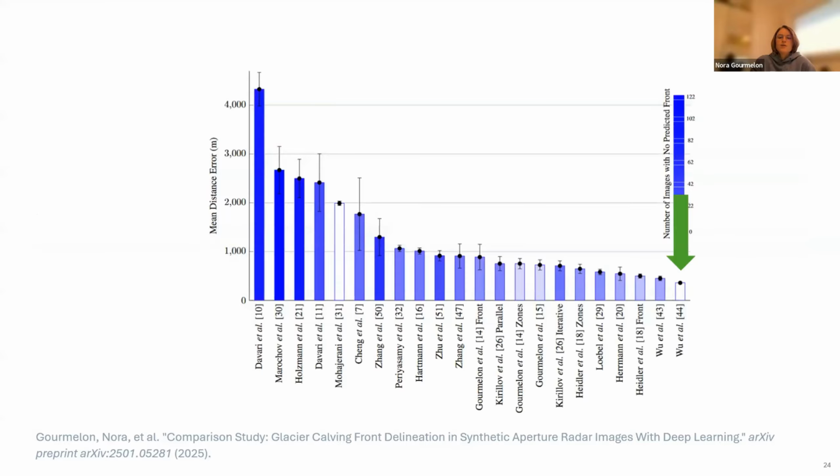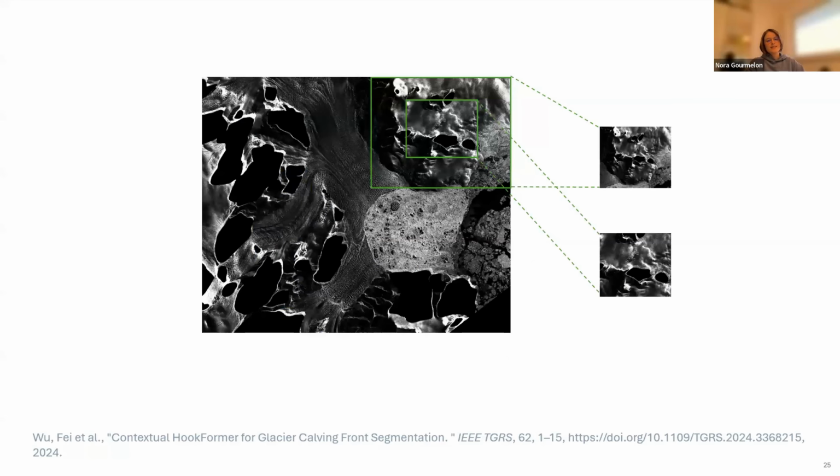Okay, so now let's have a closer look at the best performing model that takes as input two images. One is the target patch that we actually want to segment, and then a so-called context patch that is a larger patch around the target patch, which is then downsampled to match the same size as the target patch.